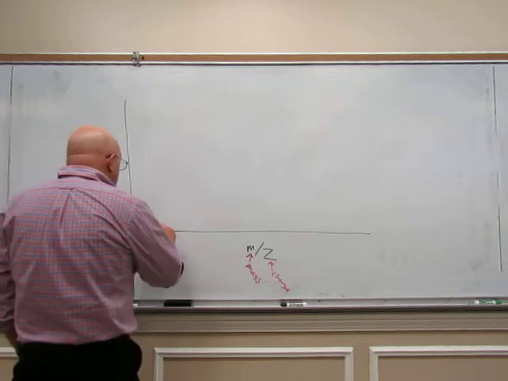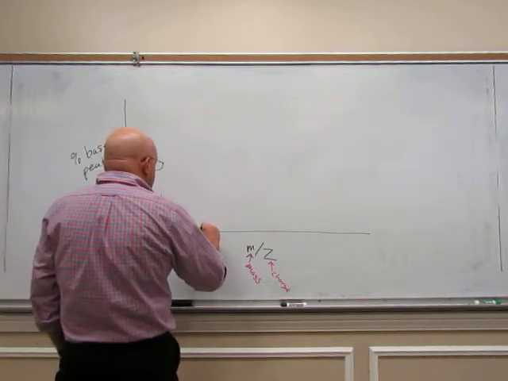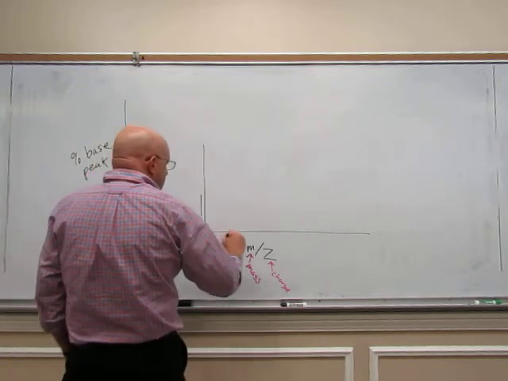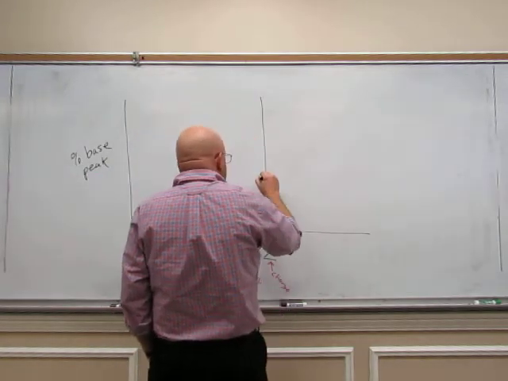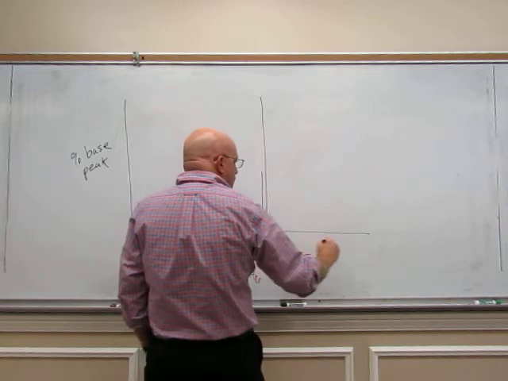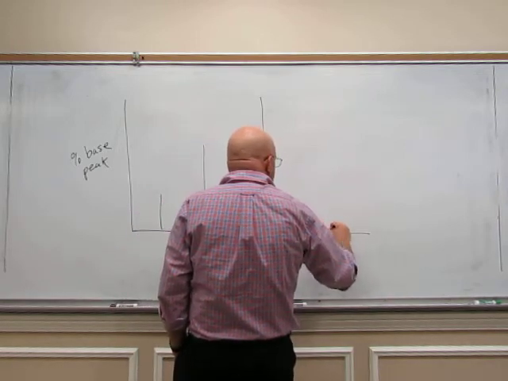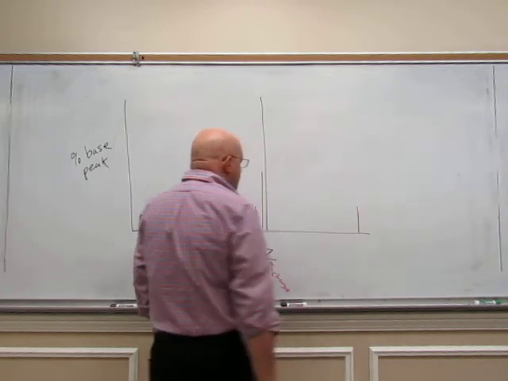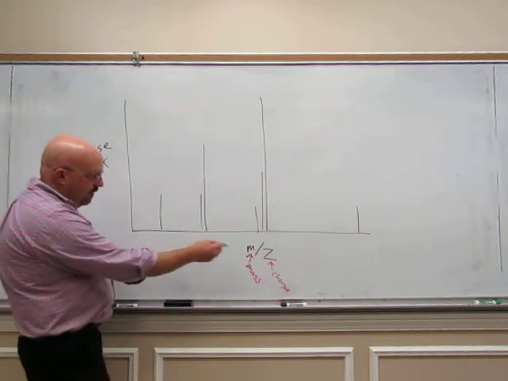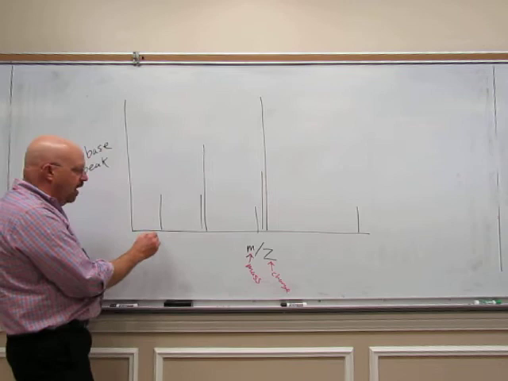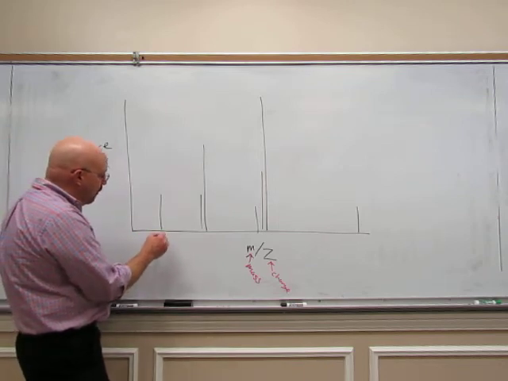So we're going to have all these different peaks. Maybe something like this. You've got all these different peaks, and the x-axis is going to have numbers. It's the masses that things weigh.